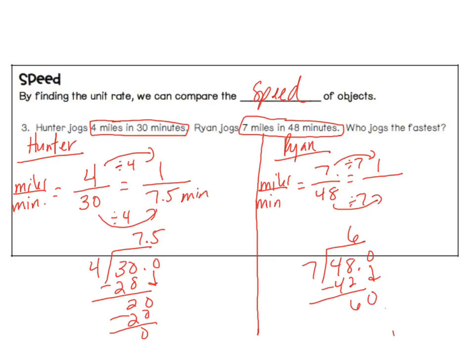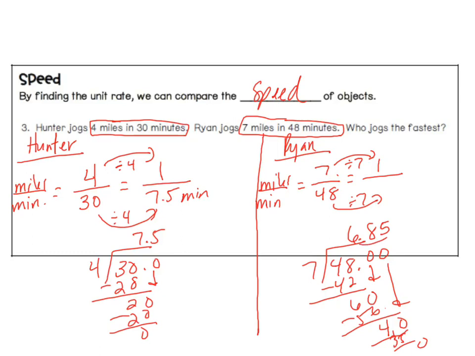Add my decimal and bring it down. That's going to be 8. So let's see, I have it to 4 now. So that will be times 5, which is 35.